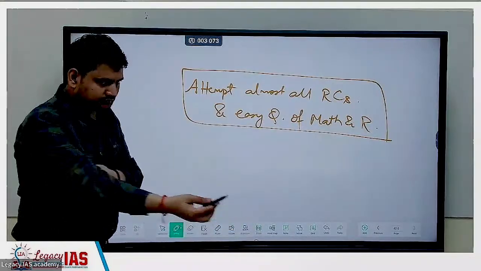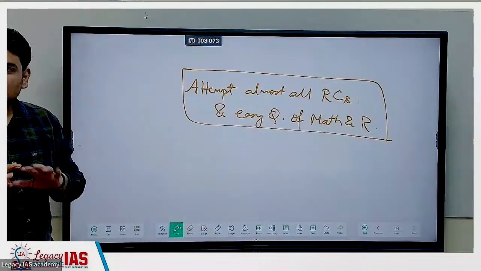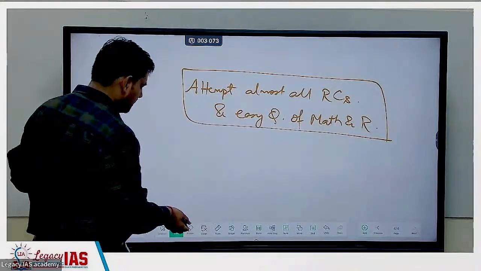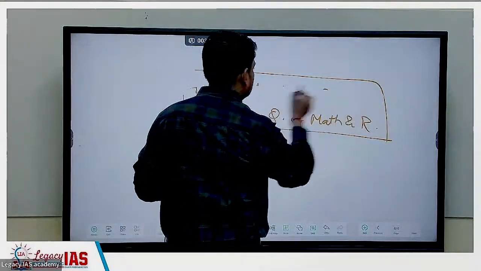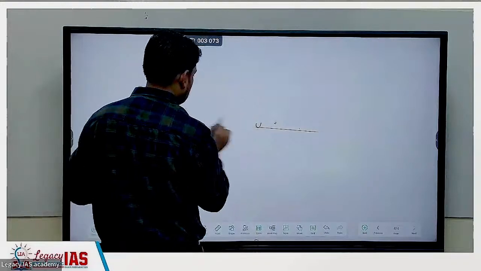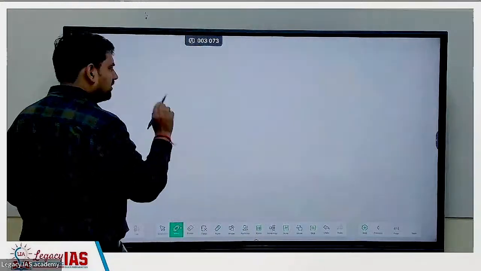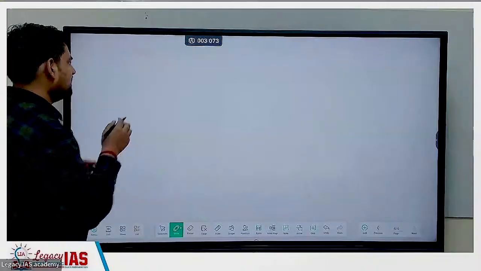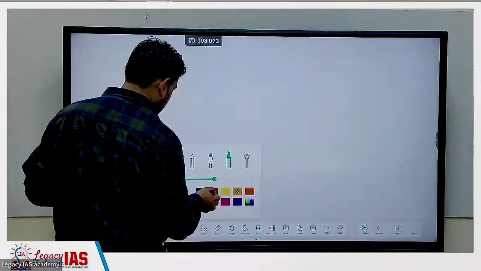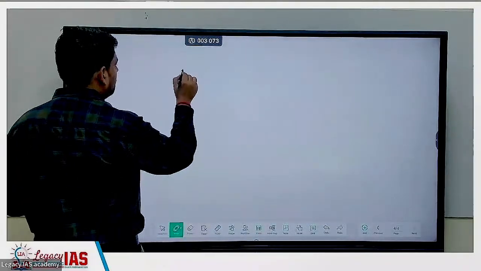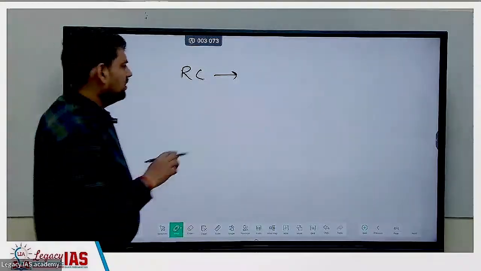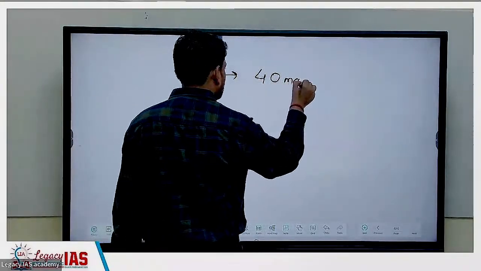Now, what are the kind of marks that we should be targeting from each section? Of course, it will differ person to person, but what we are usually safe with is, from reading comprehension, if you do reasonably well in it, you can get 40 marks very easily.